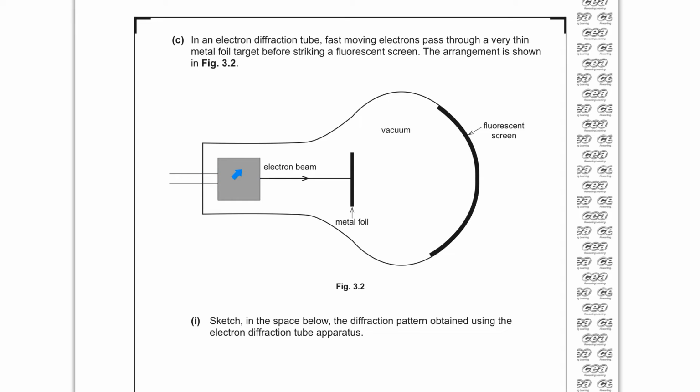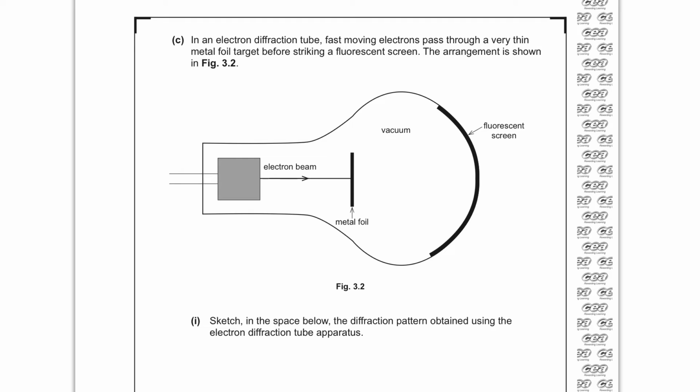You've got a source of electrons here producing an electron beam, so there's some kind of electron gun here with a filament and an accelerating voltage. You've got an electron beam that then is allowed to hit a metal foil, and then these electrons will come out in various angles here, and you need a fluorescent screen so that when they strike it, it lights up and shows you where they've gone.